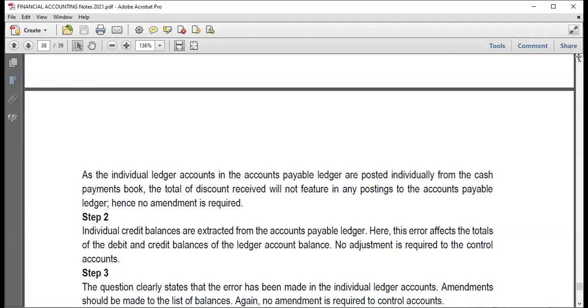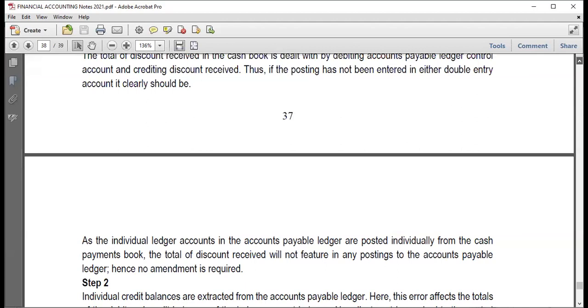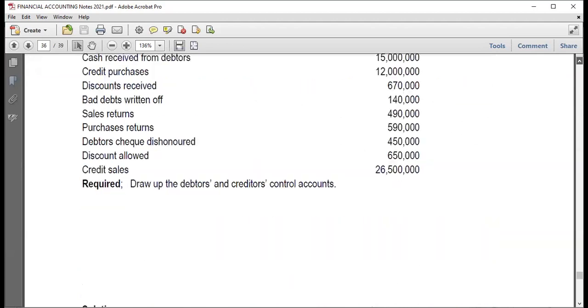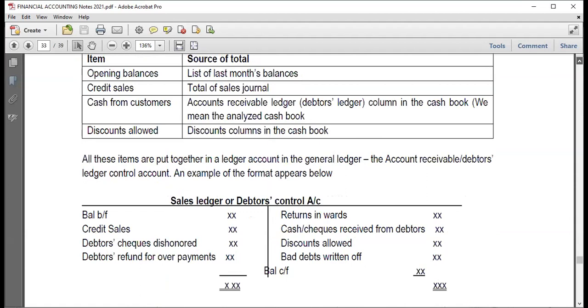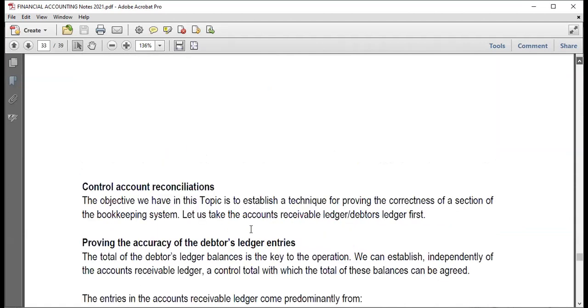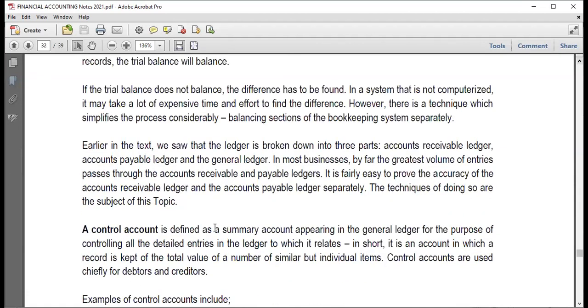Just for your understanding, remember what we said about control accounts from the start. It is a summary account appearing in the general ledger for purposes of controlling the detailed entries in the ledger.